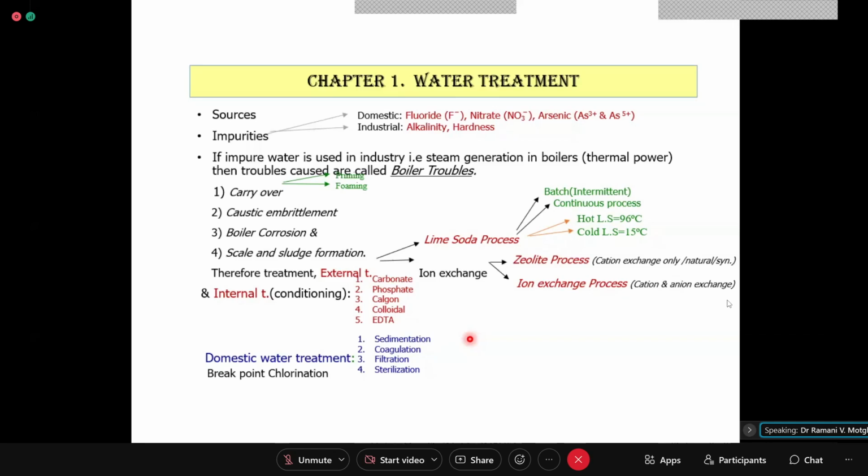Once they occupy the voids and go into this permeable polymeric matrix, they will stick. So definitely the resin particle is not completely exposed for the exchange of ions, and that is why the efficiency will go down.